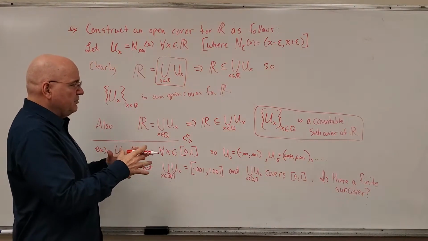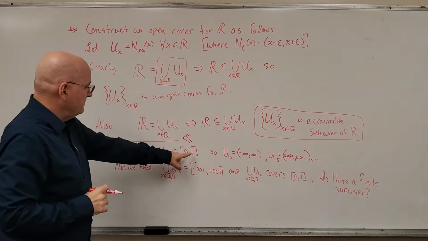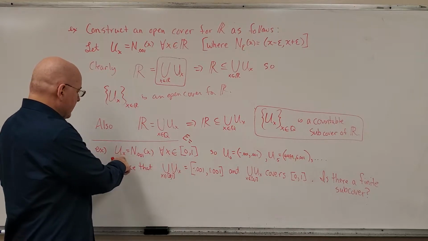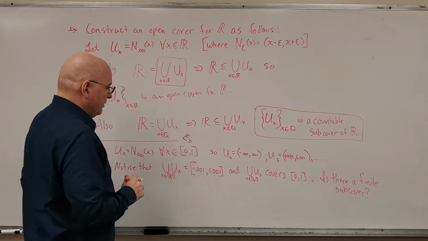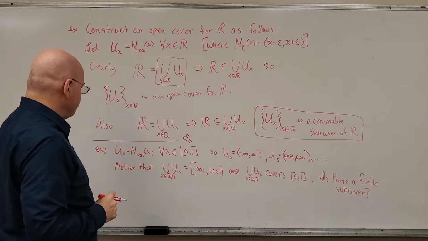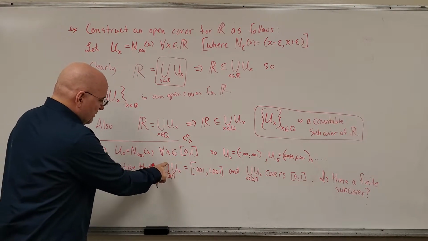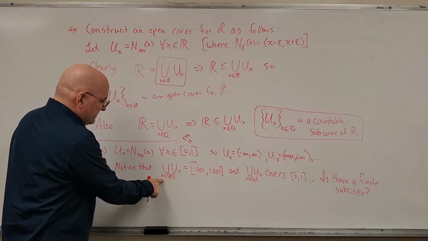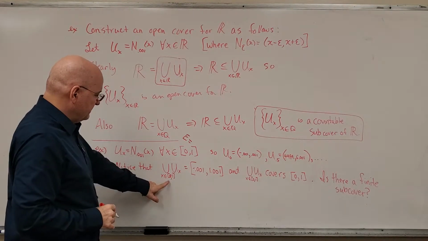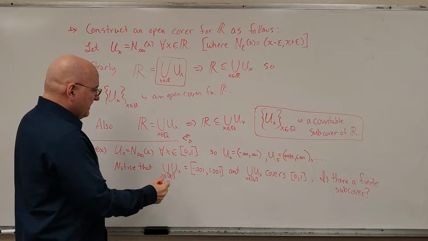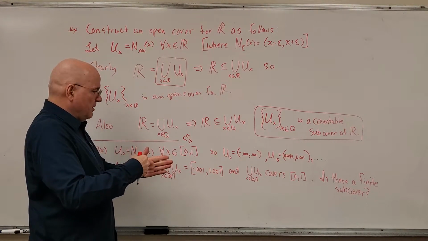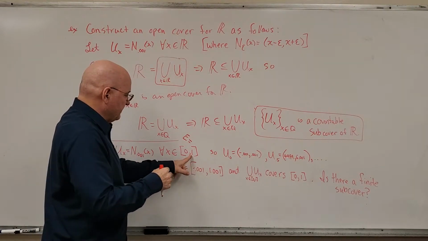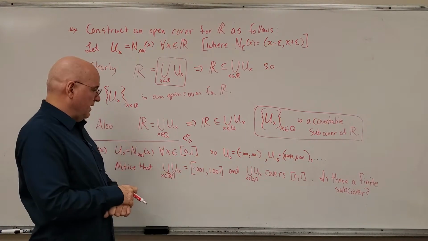So obviously if we union all of those sets U_x together, where x is in the closed interval 0 to 1, we would get this. It would go all the way from 0 to the left 0.001, up to 1 to the right 0.001.